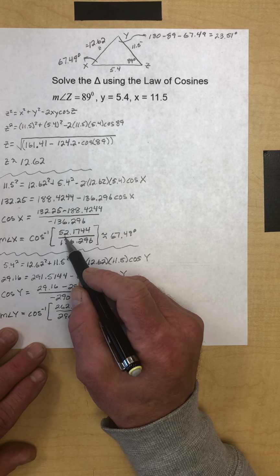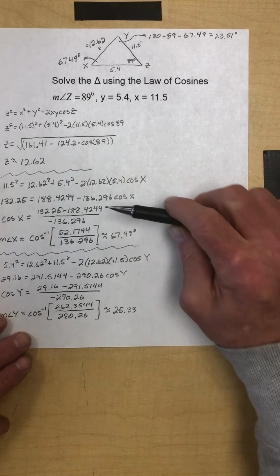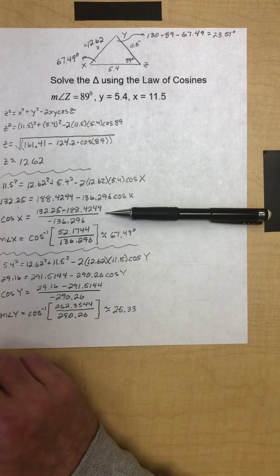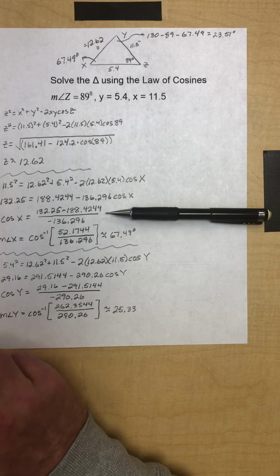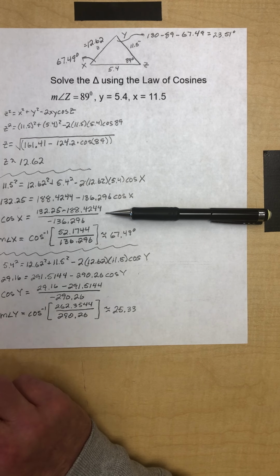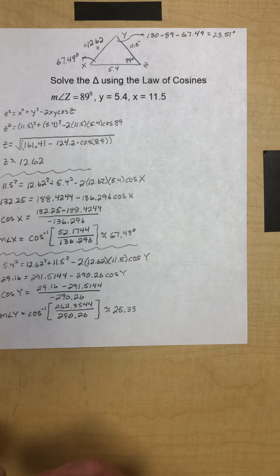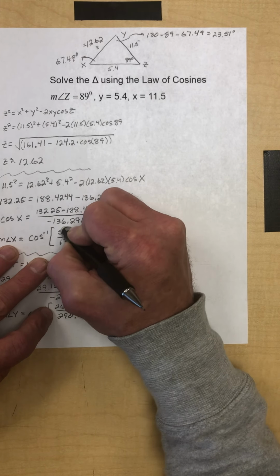I'm getting negative 56 rather than negative 52. Let me check it one more time and just make sure it's correct. 132.25 minus 188.4244. Yep. I either wrote it down wrong or I punched something in wrong, so this should be a 56. Okay, which means this will change. Okay, so let's get this guy squared away.